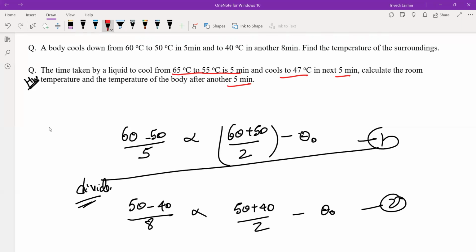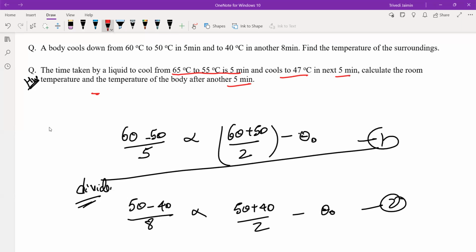So we need to find the third one temperature, that is room temperature, and the body temperature. So 3 equation, 2 unknown. Or 2 equation, 2 unknown. Let's see what you will get. But what I think, from first and second equation, you will get room temperature, surrounding temperature.